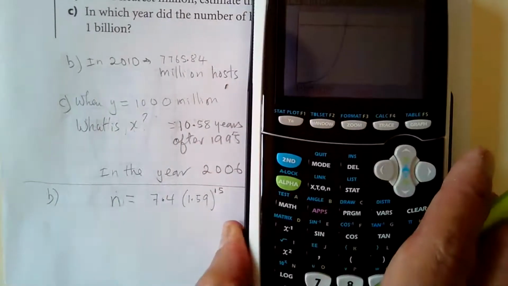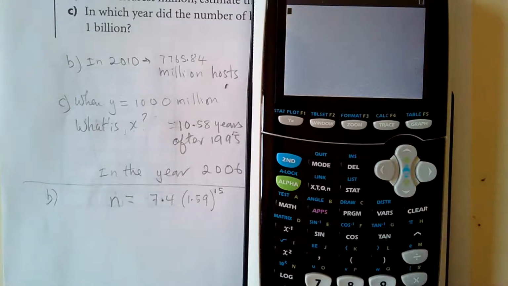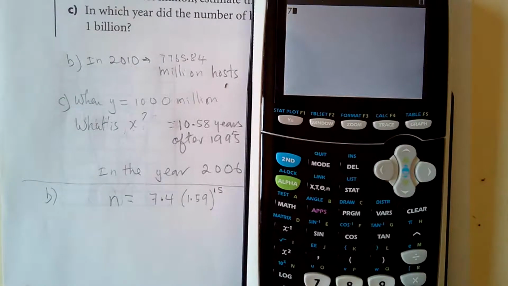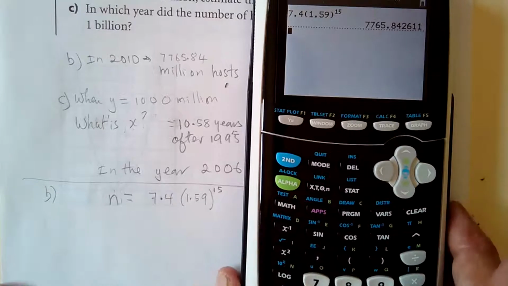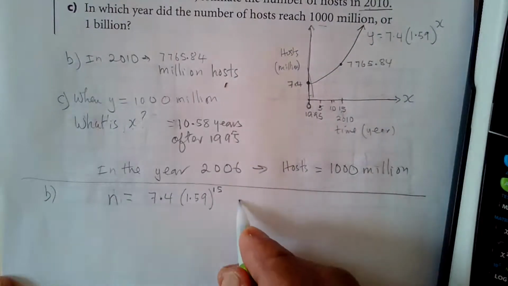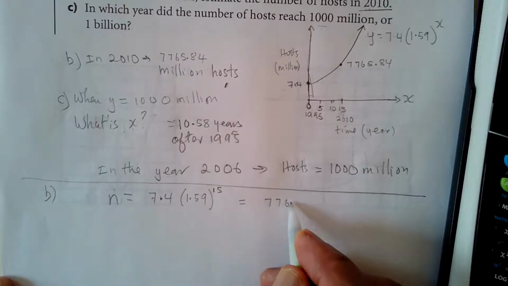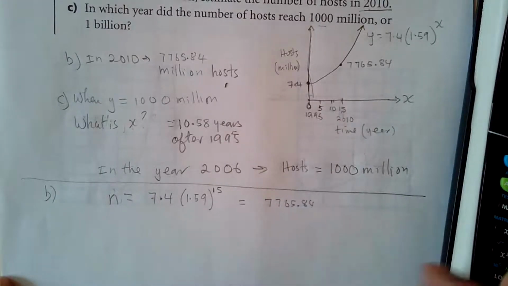So we go to our calculator, home button, clear. So we have 7.4 in bracket 1.59 to the power 15. And we have the same result. So we can do it without a graphing calculator. So the answer will be 765.84 million hosts.